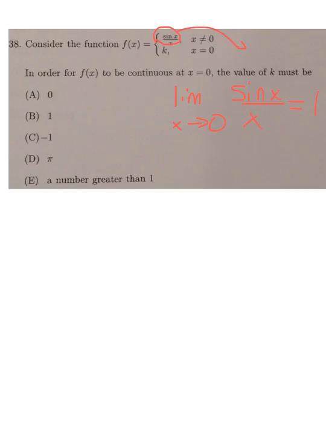But knowing that, and it is telling you that the function f of x is continuous, so we know that these two should be equal to each other, right? Well, so we know the sine of x over x when we're doing the limit as x approaches 0 is 1. So then what we can basically say is 1 is equal to k, and there is no solving. K is 1. That's choice B.